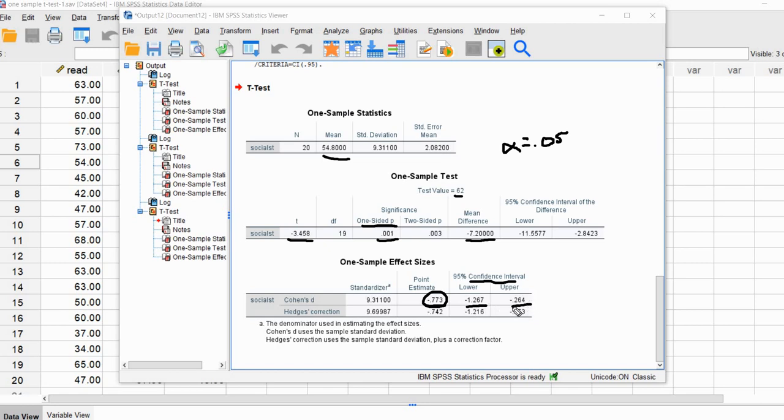If we take the absolute value of negative 0.264, obviously it's going to be 0.264, and so that's indicating right there that at that boundary, that's going to signify a small effect, whereas if we take the absolute value for the lower bound right here, then that's going to signal a large effect right there. So you can see that the effect size would range between a small and large effect. And basically a similar set of conclusions would be drawn if we just look at Hedges' g that's given next.